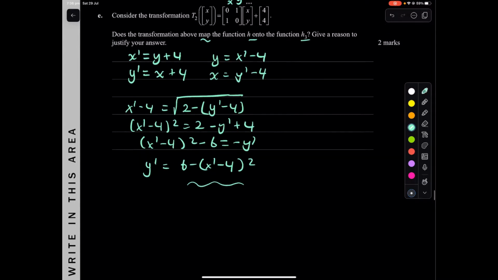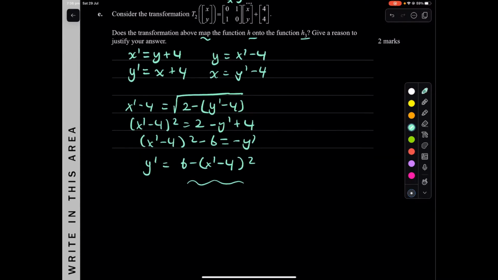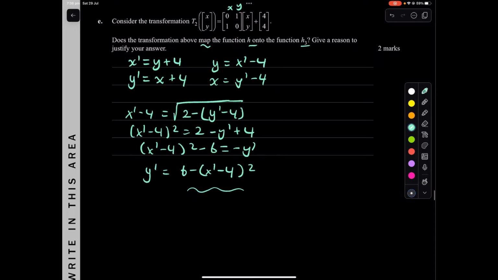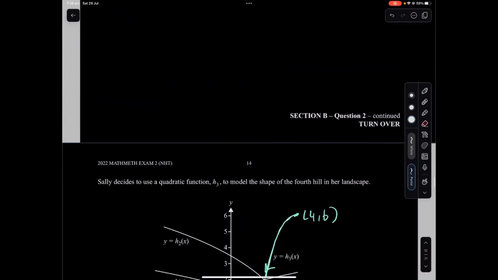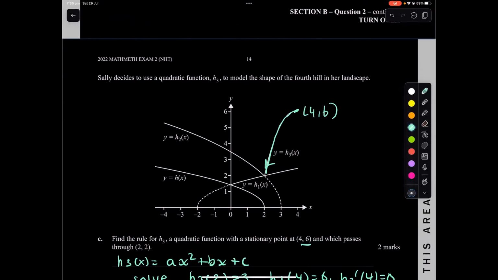So the rule's right, but what about the domain? The domain of h3 is from 2 to 4.